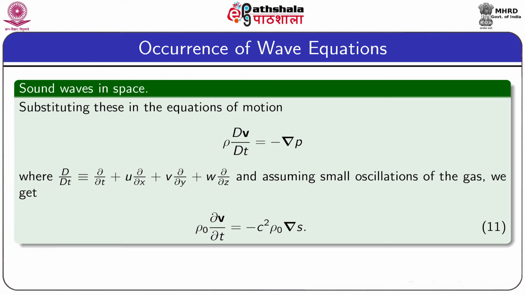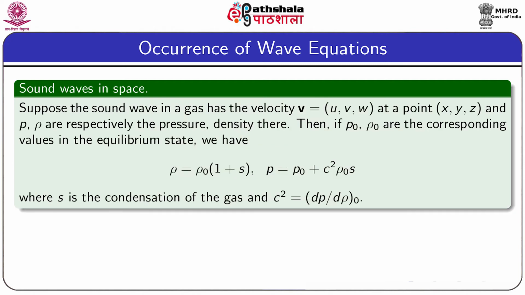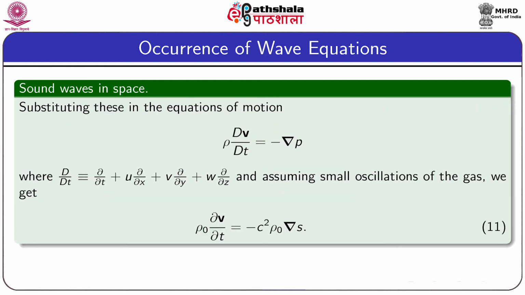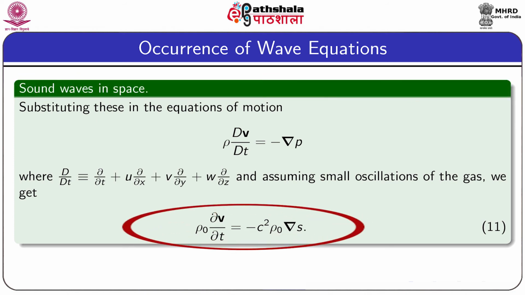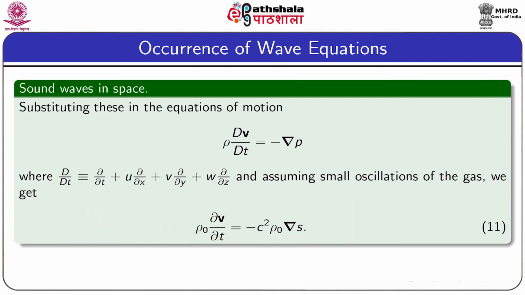Now, if we substitute the values of p and v here and neglect the nonlinear terms, we get the equation written in equation number 11: rho 0 del v/del t equals minus c square rho 0 grad s.